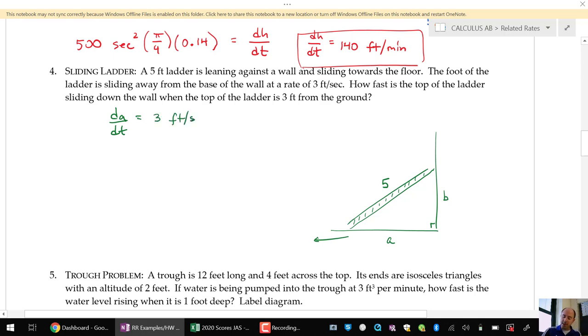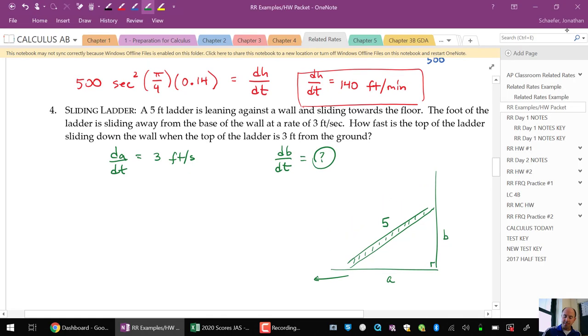There's my known rate. How fast is the top of the ladder sliding down the wall? So dB dt, according to my diagram, you could use any variables you wish, is the unknown rate that I'm hunting for in this related rates problem.